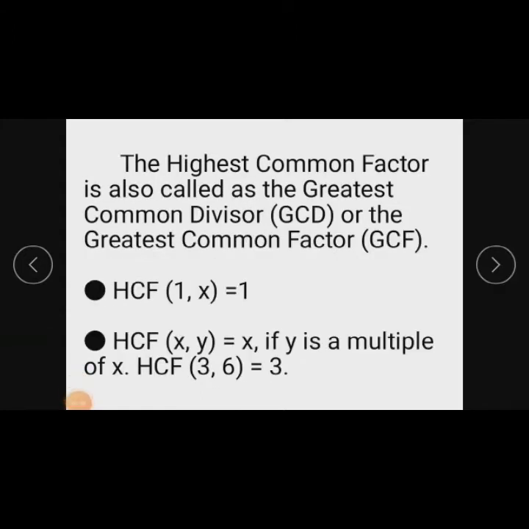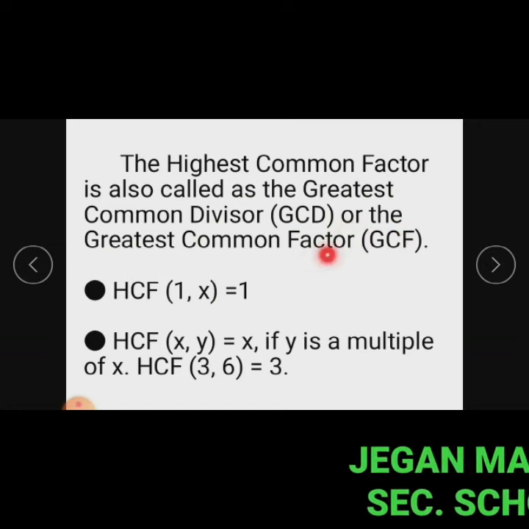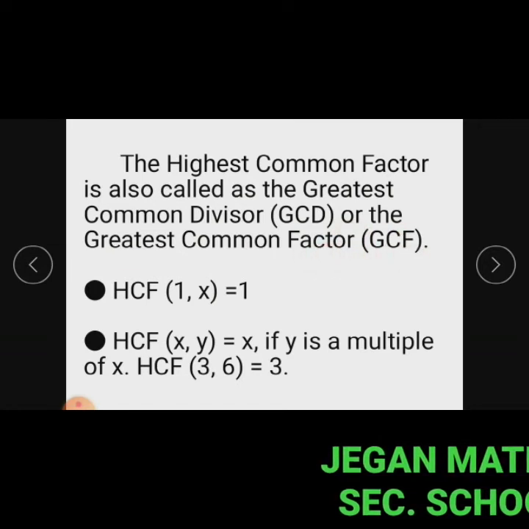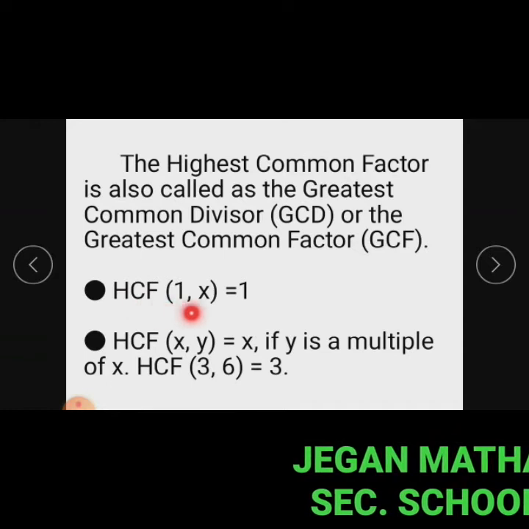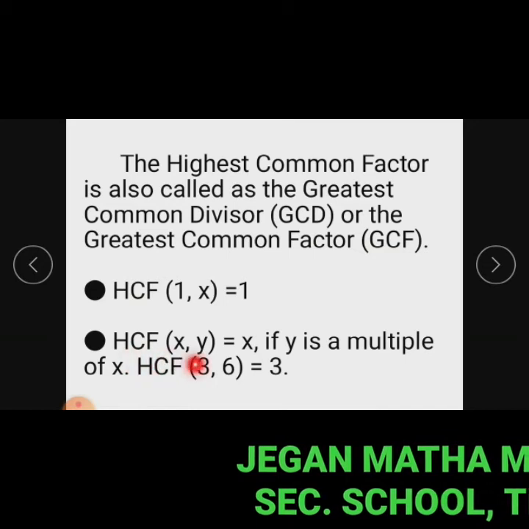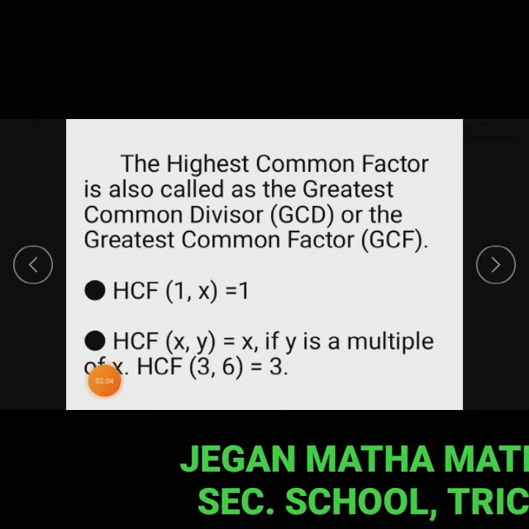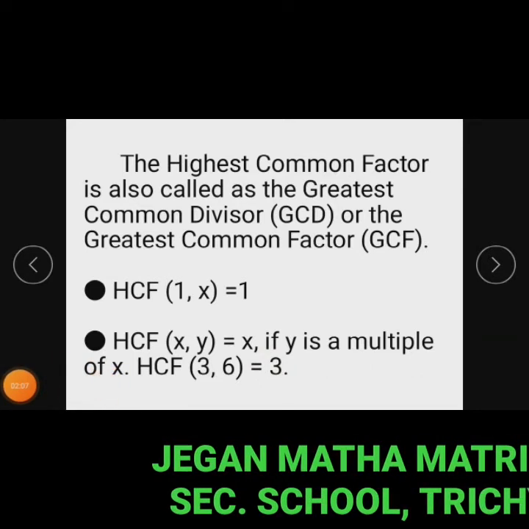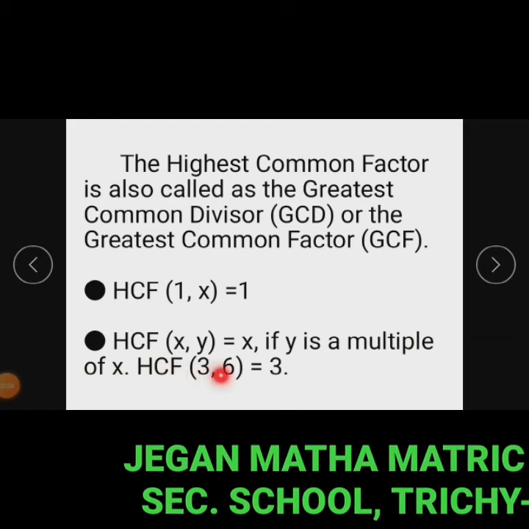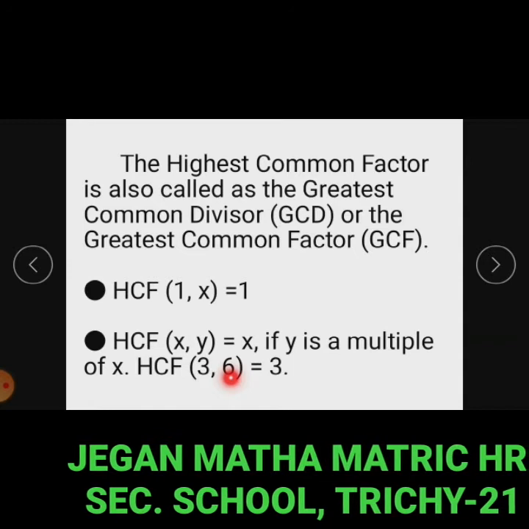The highest common factor is also called the greatest common divisor, GCD, or the greatest common factor, GCF. HCF of 1 and x equals 1. HCF of x and y equals x if y is a multiple of x. For example, the highest common factor of 3 and 6 is equal to 3. Here 6 is a multiple of 3.